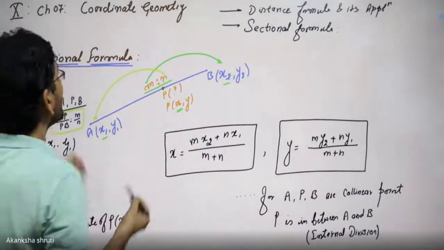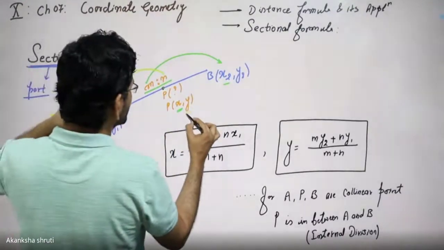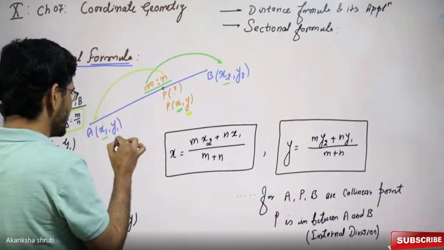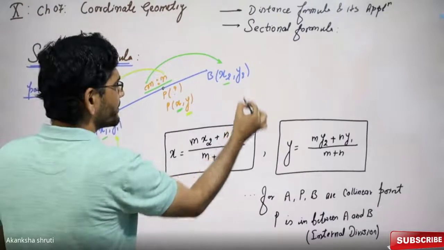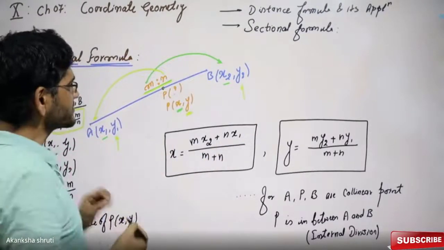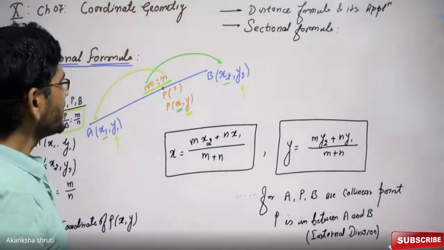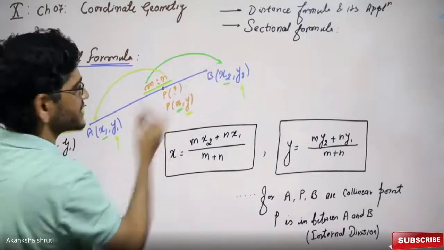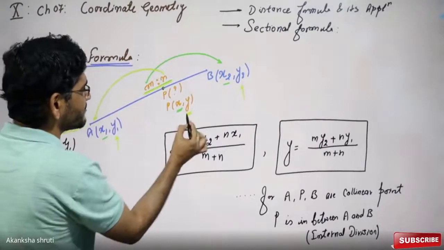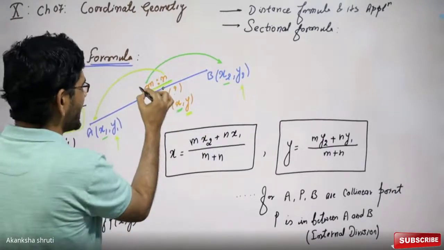Similarly, the y can be determined by considering the y coordinate of A, B and the ratio m to n. Students, for getting this y, again the same thing. This y will be given by, start with this m.